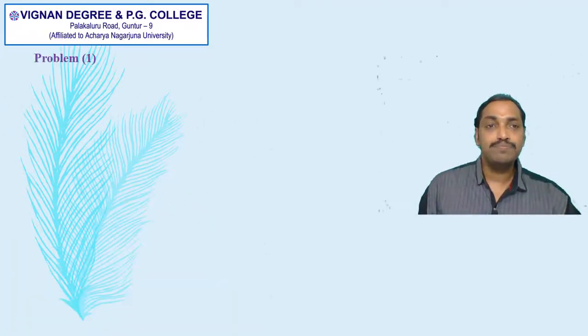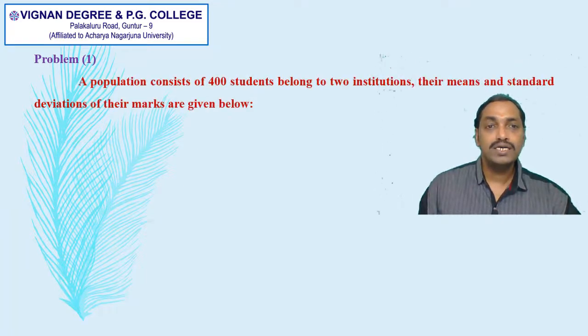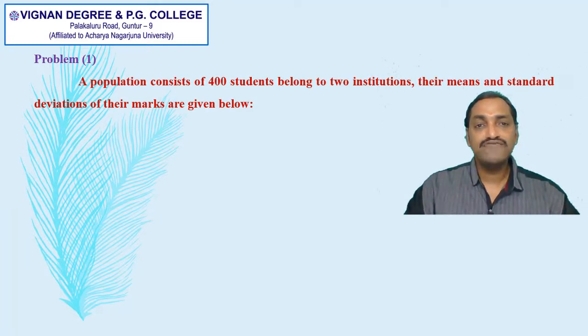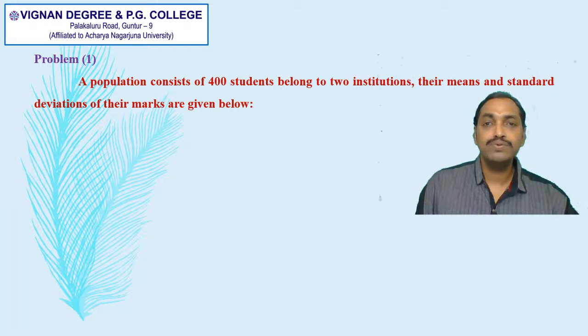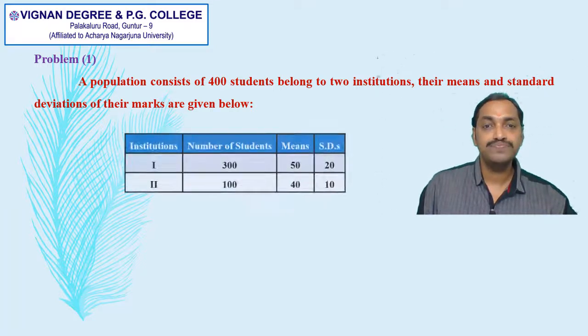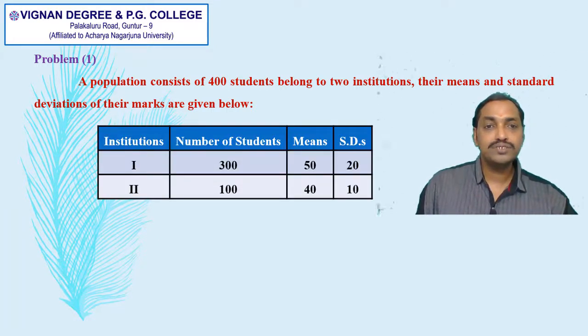First problem number 1. A population consists of 400 students belonging to two institutions. Their means and standard deviations of their marks are given below. So there are two institutions, number of students in each institution and mean score of each institution and standard deviation score of each institution is given.